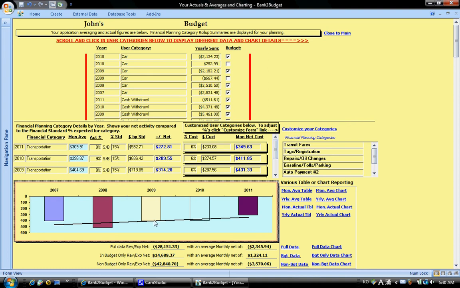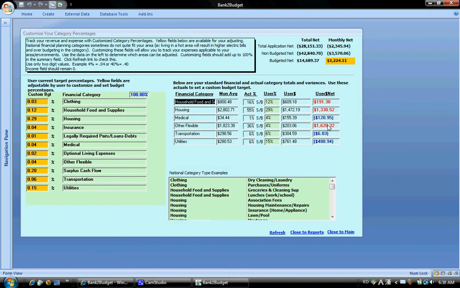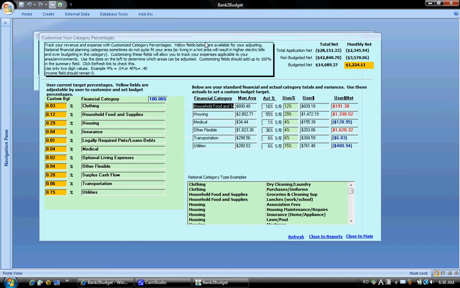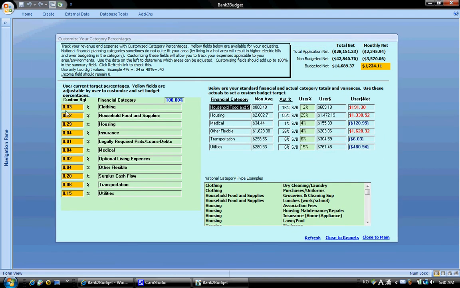So let's take a look at customize your categories, so you'll be able to understand how these lines in here, the financial category, are actually matched up. Click that. Okay, in here, this yellow field you'll see are the budget percentages that you've applied to each category.